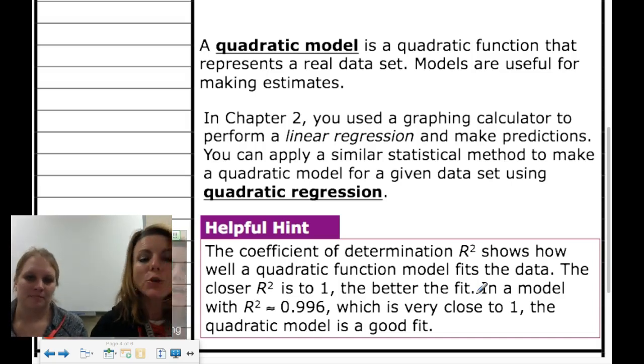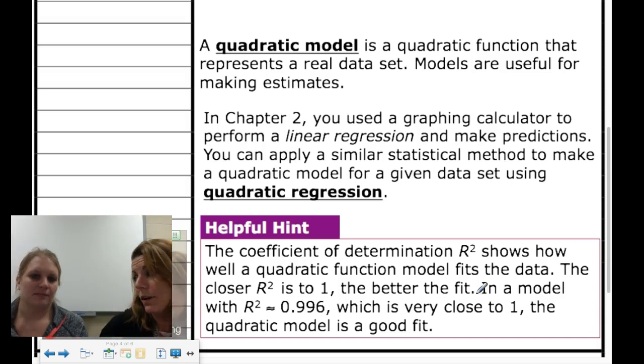And you wanted your R value really close to 1 or negative 1. And we found an a and a b, and we wrote a line of best fit. We're kind of doing a similar thing here, but instead of linear regression, it's called quadratic regression, because we're dealing with a quadratic function.